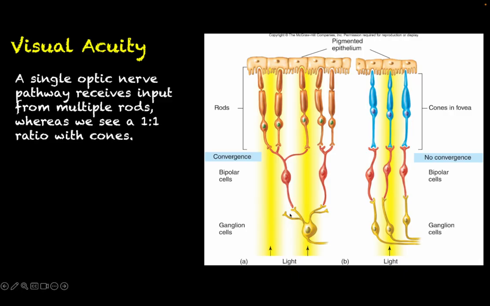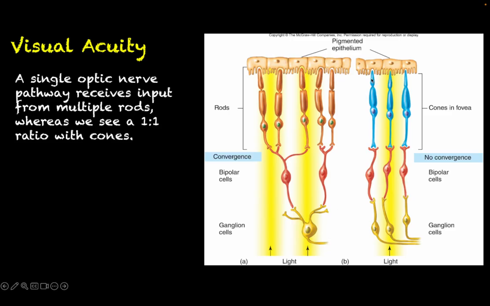If this cell gets excited and sends a message to the brain, it's receiving input from, based on this picture, 5 different rods: 1, 2, 3, 4, 5. All 5 of these rods are giving chemical input into this one retinal ganglion cell. So basically, you have to stimulate 5 rods to get one signal to go through this cell.